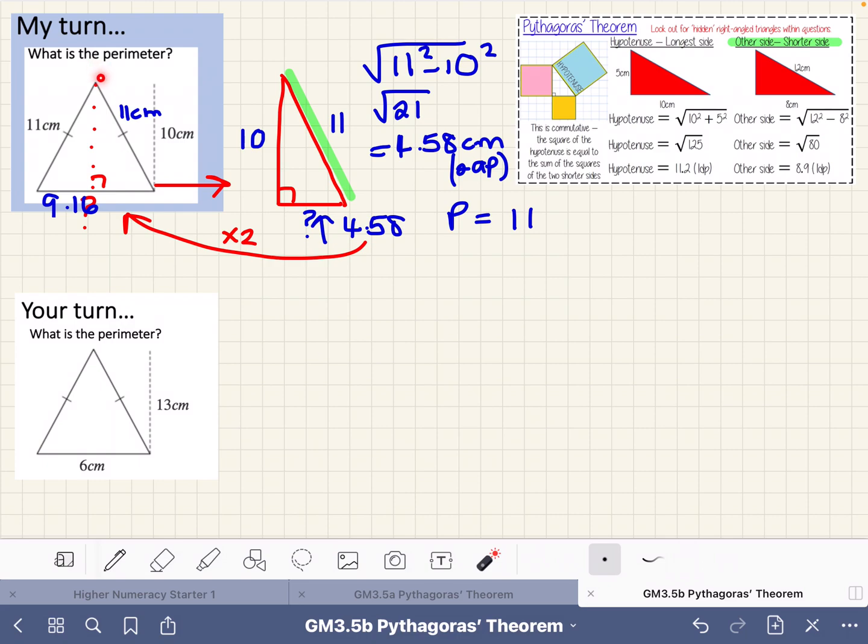So starting at the top, 11 plus 9.16 plus 11 takes me back to the start, which gives me a perimeter of 31.16 centimetres. Press pause while you try the your turn question.